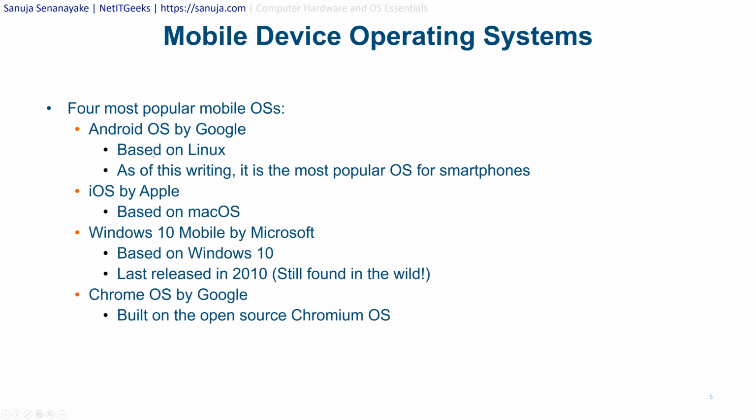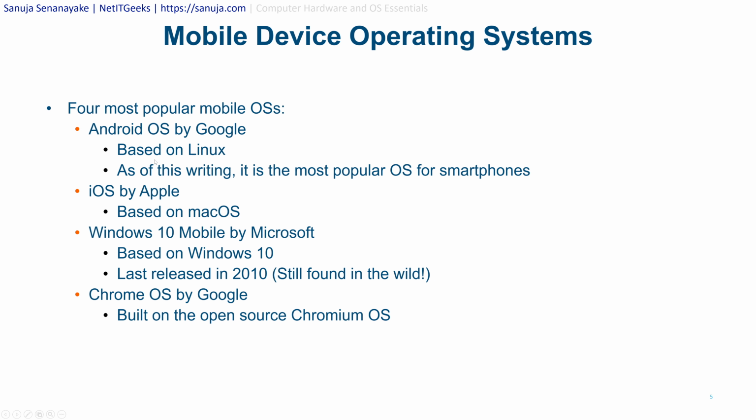The operating systems include Android OS by Google, iOS by Apple, Windows 10 Mobile by Microsoft, and Chrome OS by Google. Android OS by Google is based on Linux, so the Linux architecture is used in the Android operating system, and as of this time it is the most popular operating system for smartphones.